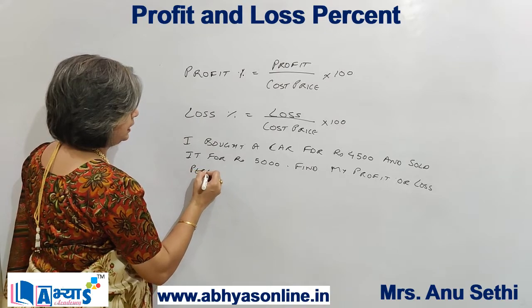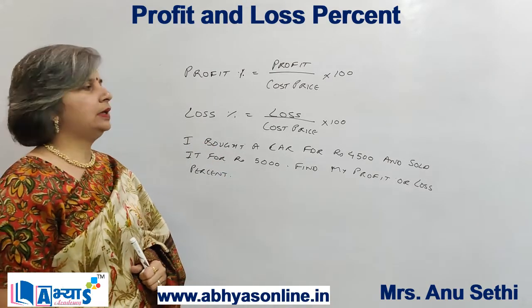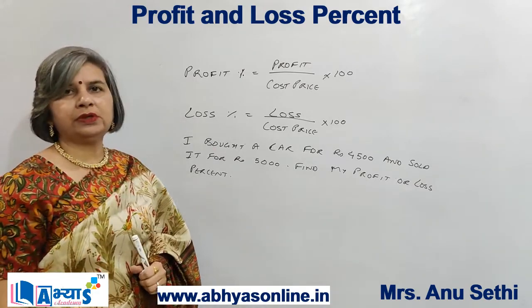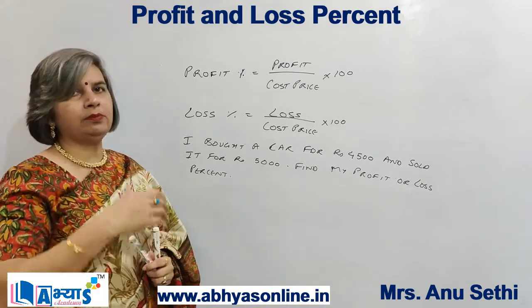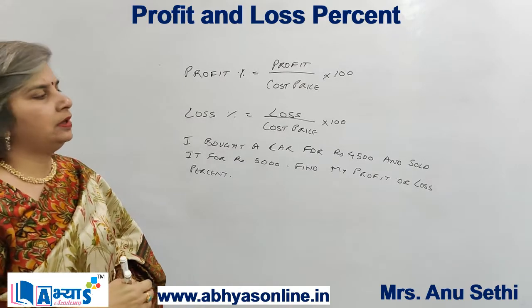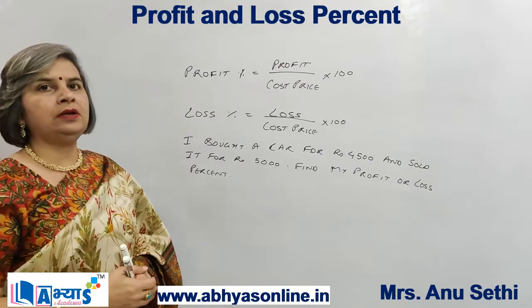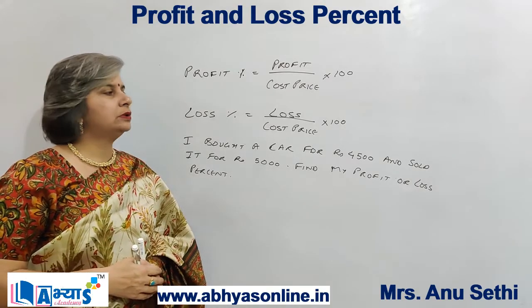That means I have been given the cost price of the car and also the selling price of the car, and I am supposed to find the profit or loss percent. To find the profit or loss percent, first I have to analyze whether I am making a profit or loss and then what amount of profit or loss I am making.